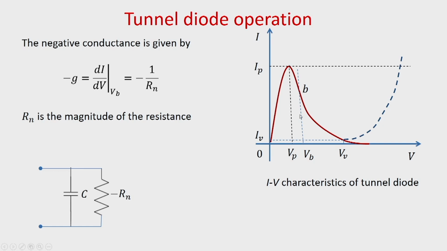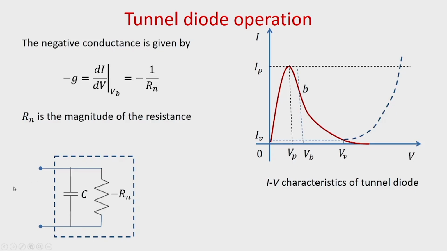In this region, the tunnel diode is also modeled as a negative resistance and a capacitance C representing the capacitance of the junction.